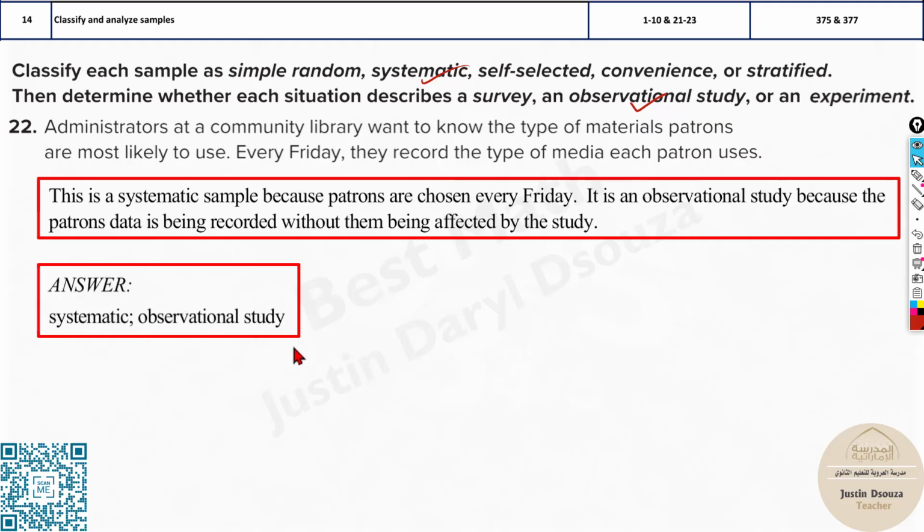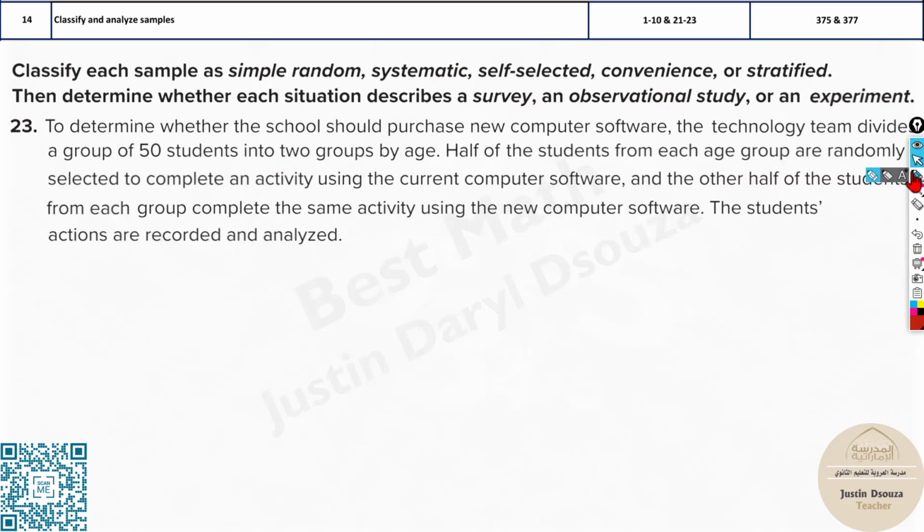Yeah, that's the answer. And the last question in this topic: to determine whether the school should purchase new computer software, the technology department divides a group of 50 students into groups by age. Whenever they say 50 students in two groups by age, what happens? It's stratified.